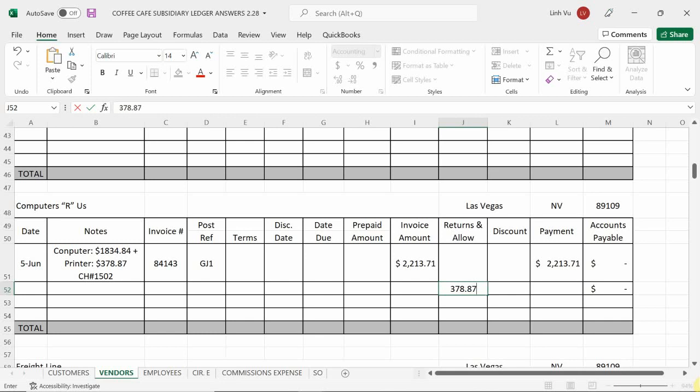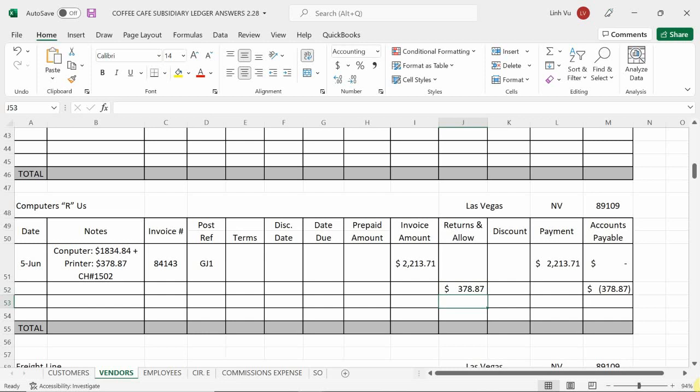Because of the way I formulated it, if I were to plug that in here and drag that formula down, now it says that I am owed $378.87. Not that I have to pay for it. It says that someone owes me because it's negative.